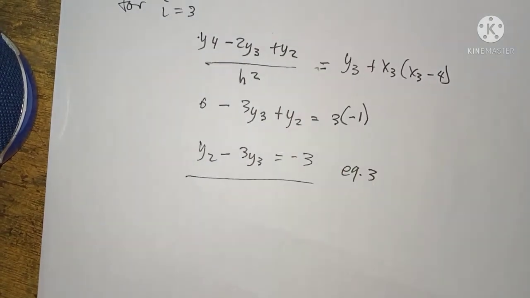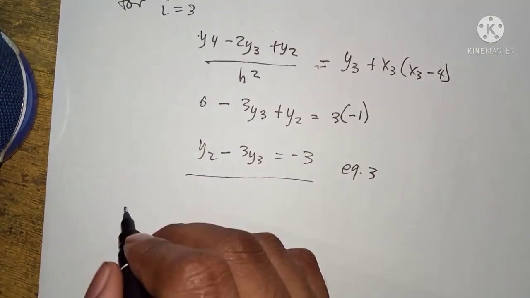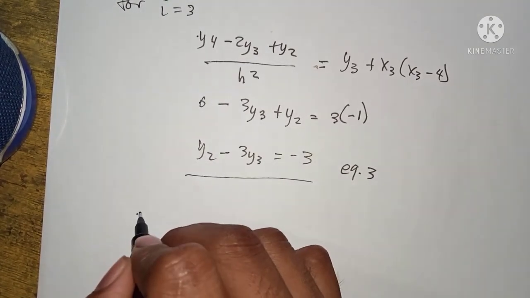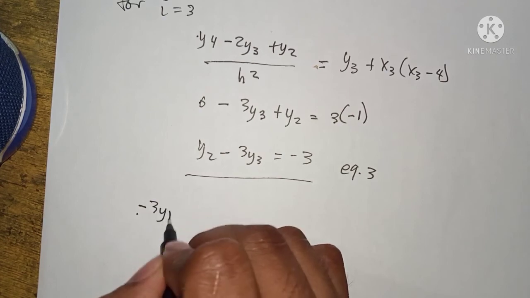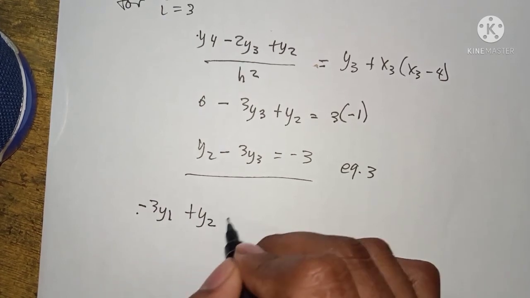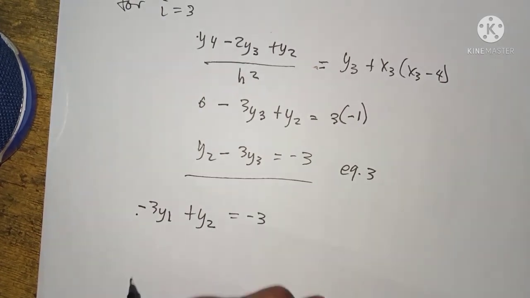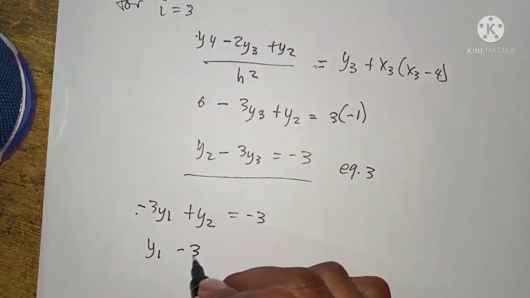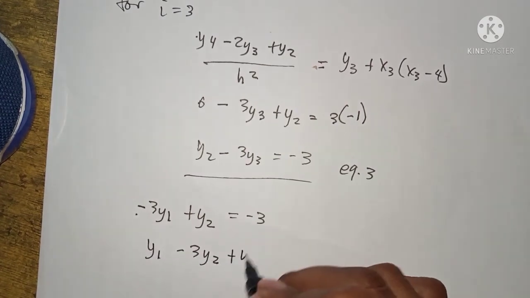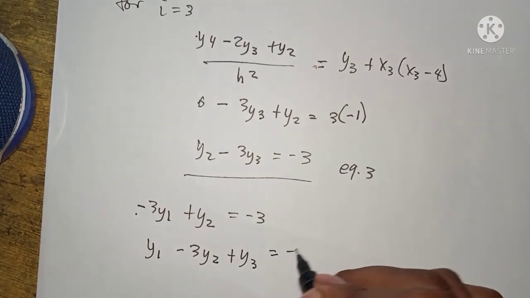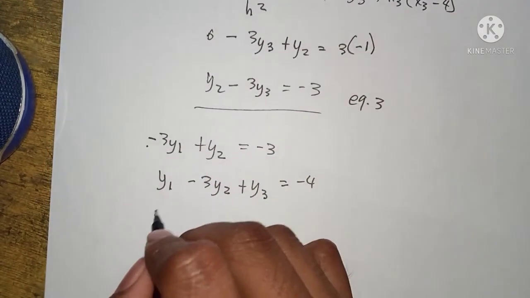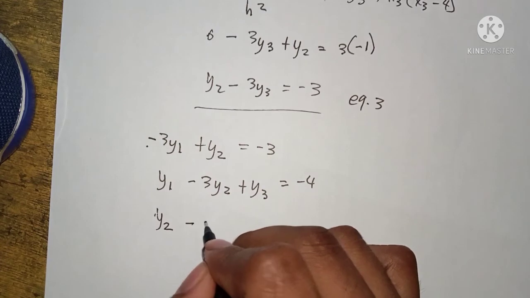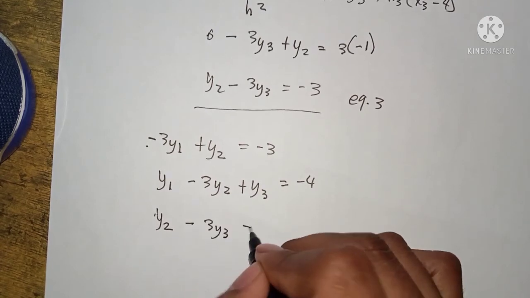Let's combine: the first equation is negative 3 y1 plus y2 equal to negative 3; y1 minus 3 y2 plus y3 equal to negative 4; and y2 minus 3 y3 equal to negative 3.